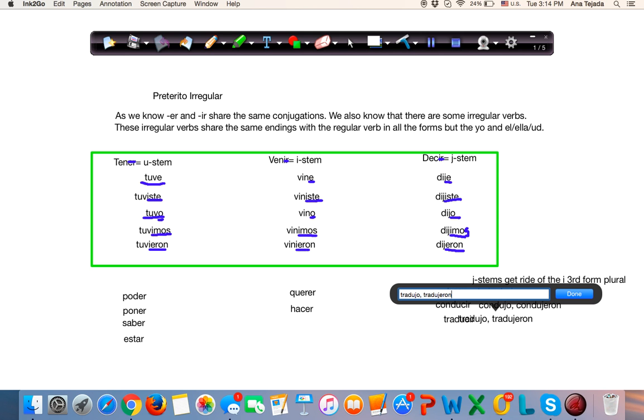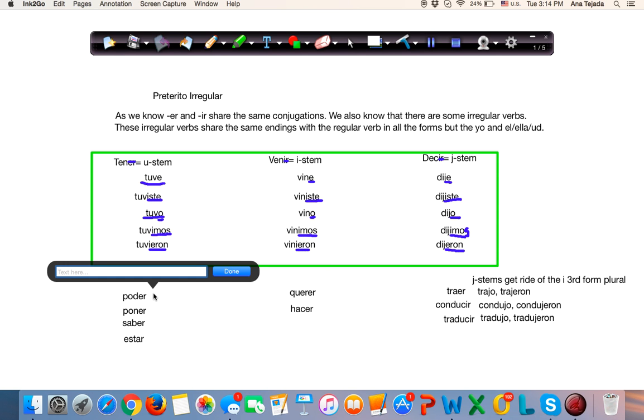Tradujeron. Okay. Muy bien. And this is what happened with J stems. We get rid of the I in the third form, so we only add eron. The rest of the stems, the U stem and I stem, are going to have the ieron ending. Okay.